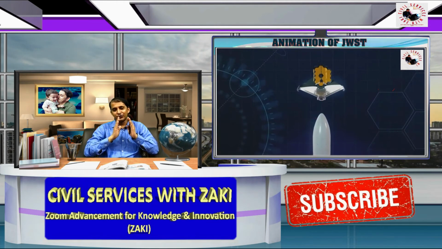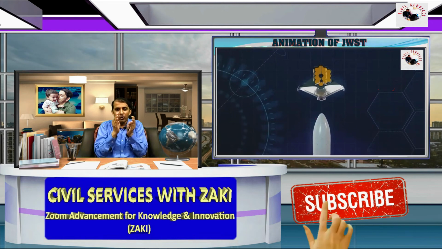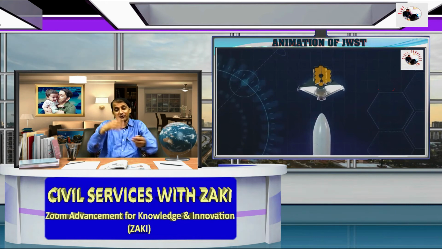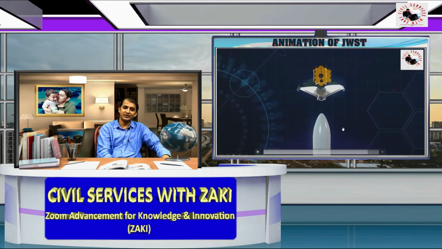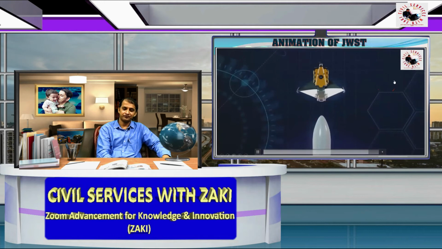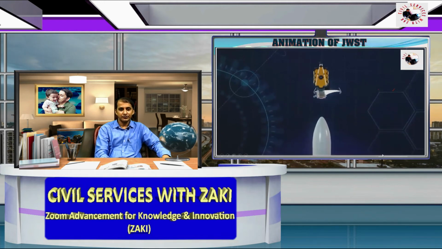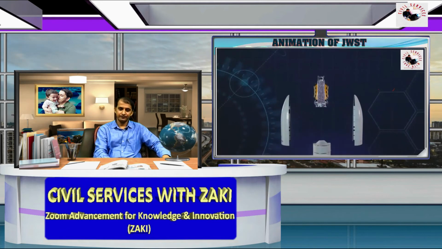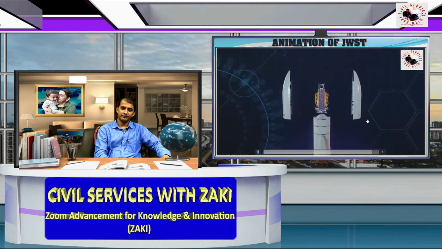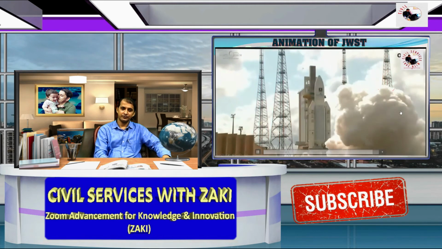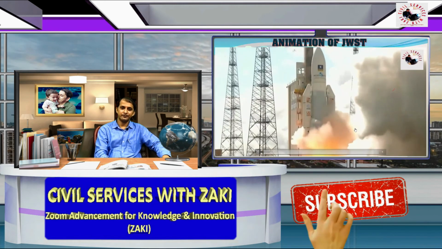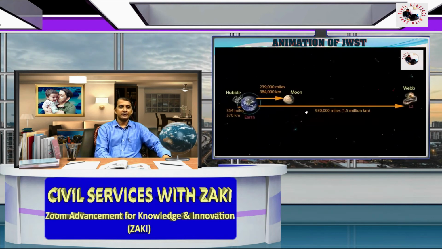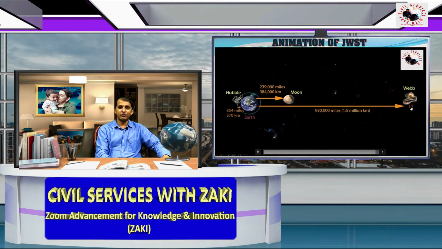So it uses an origami technique to fold this telescope and fit into the Ariane 5 rocket and go to its space destination at the L2 point.